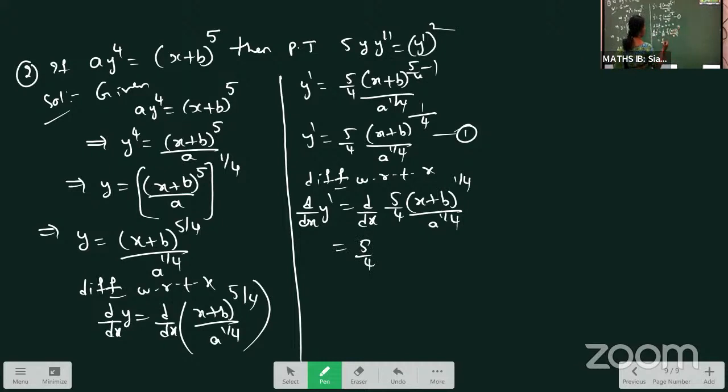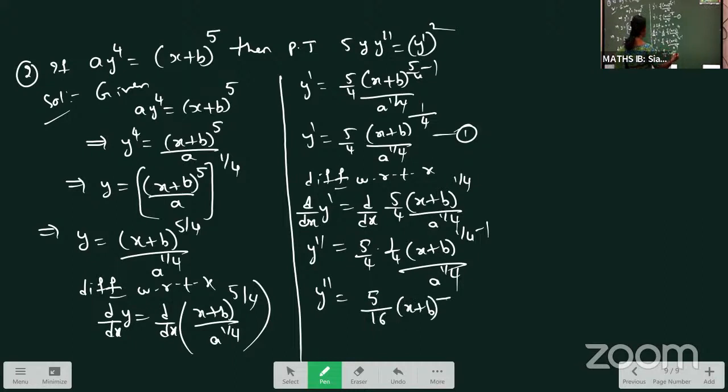Again x power n concept: n into (x plus b) to the power 1 by 4 minus 1, by a power 1 by 4 as it is. Left side, the derivative of y dash is y double dash. Now y double dash is equal to 5 by 4 into 1 by 4, which is 5 by 16, (x plus b), here LCM is 4, 1 minus 4 is minus 3, to the power minus 3 by 4, by a to the power 1 by 4. Keep it aside. Now go to the question.